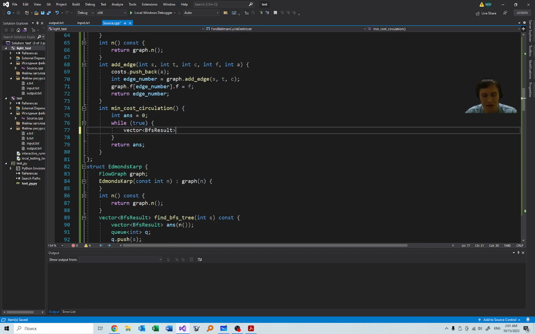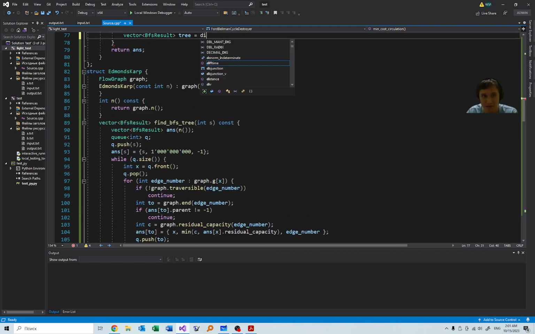Vector BFS result tree equals, like, it's not a tree, but we will be fine with calling it a tree. So this is Ford-Bellman tree.